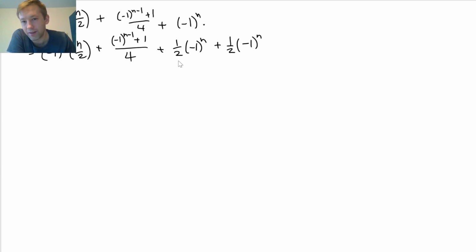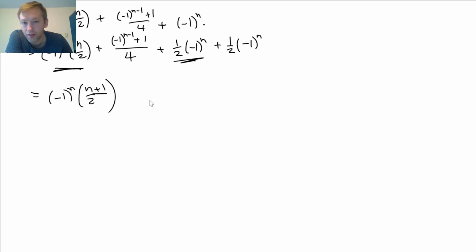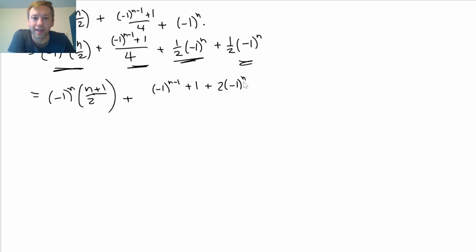So anyway, I can collect terms here and get negative 1 to the n over 2 plus a half, so it's (n plus 1) over 2. That's good. And then I'm going to collect these things together to get negative 1 to the n minus 1 plus 1 plus 2 negative 1 to the n, over 4.